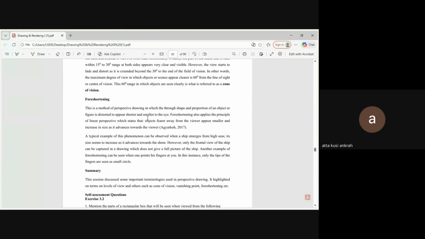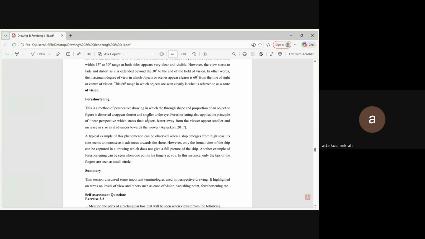A typical example of this phenomenon can be observed when a ship emerges from high seas. Its size seems to increase as it advances towards the shore. However, only the frontal view of the ship can be captured in a drawing, which does not give a full picture. Take note of this, a full picture.